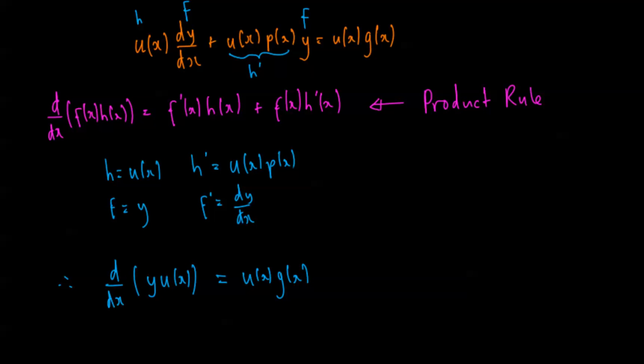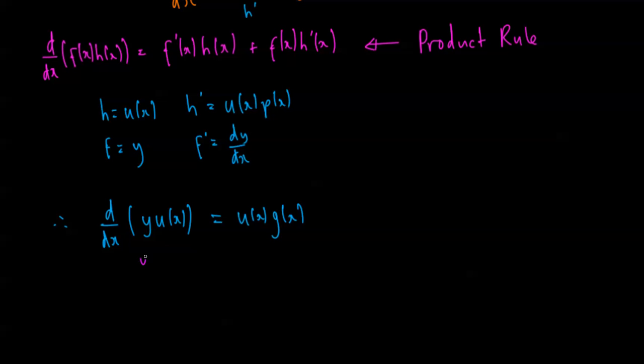That's pretty convenient because now I can solve in terms of y. I can take the integral of both sides. So I've got y u of x is equal to the integral of u of x, g of x dx. And I can solve that and then just divide by u of x.